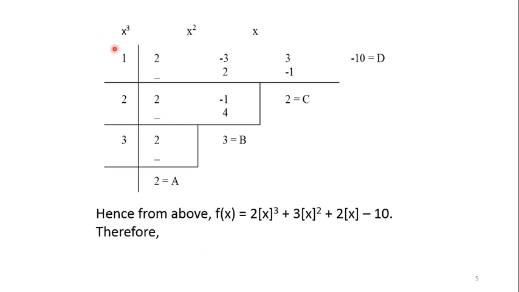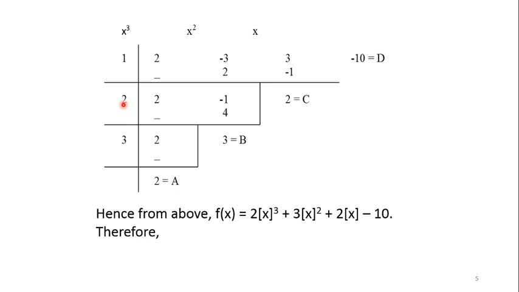In the first step, write down the coefficients of x cube, x square, x and the constant: 2, minus 3, 3, minus 10. The constant term is always matched with d, so d equals minus 10.